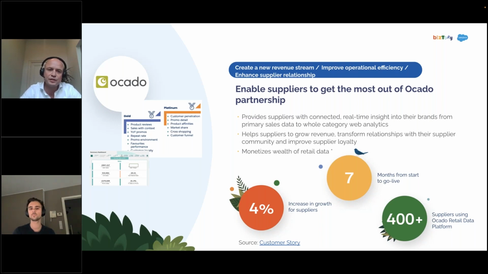And every single one of their suppliers is paying to get access to that platform. But on top, we saw that a lot of marketing agencies and others have jumped on it, because this is data that they want. These are the insights that they want. By now, there's more than 400 people or companies on that platform.